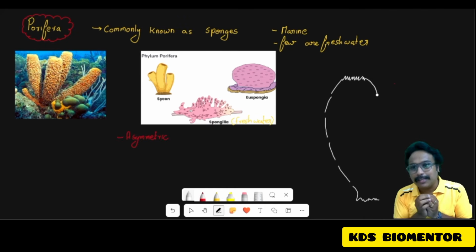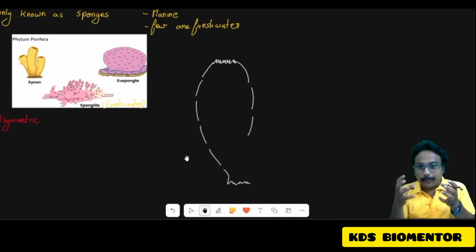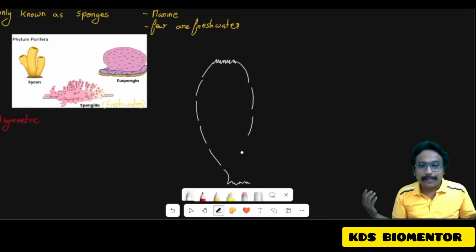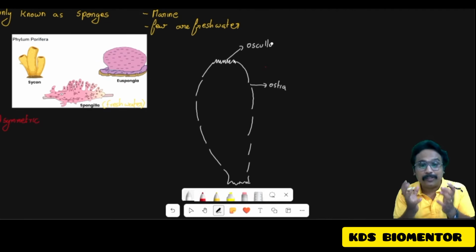Those holes are called ostia. These small pores all over the body are called ostia. Through the ostia only, water will be entering into the spongocoel, the cavity of the sponges. The spongocoel is present at the center, and water enters through these minute openings throughout the body, called ostia.